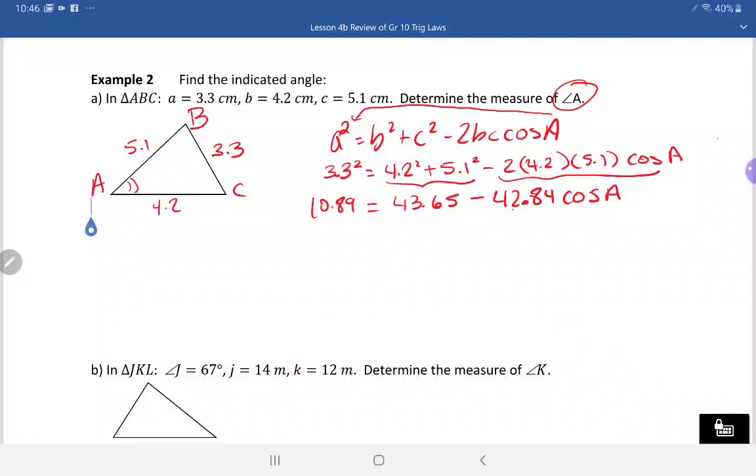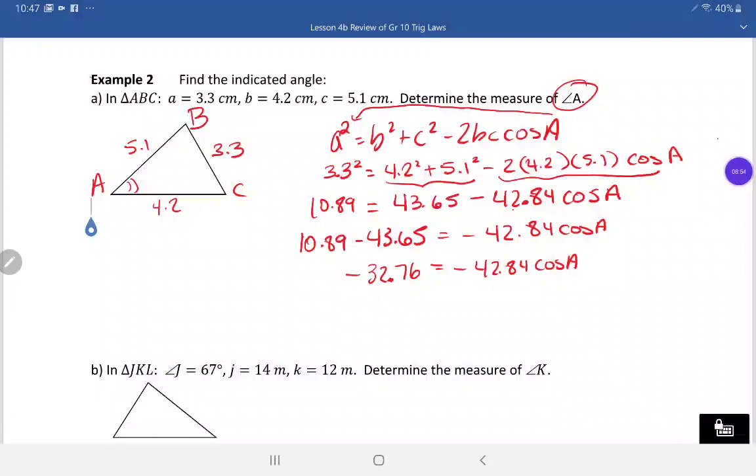So in order to isolate this cos A, I have to begin by bringing 43.65 across. And we're going to minus it off because over here it is adding. And then on this side, we're going to be left with negative 42.84 cos A. We can subtract that to get the answer, and then we'll eventually divide by this negative 42 to get cos A by itself.